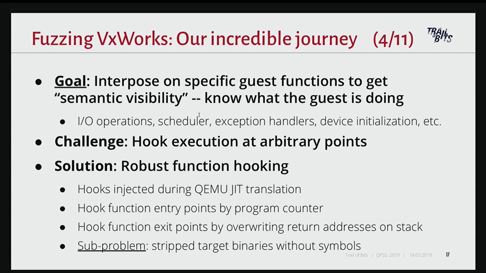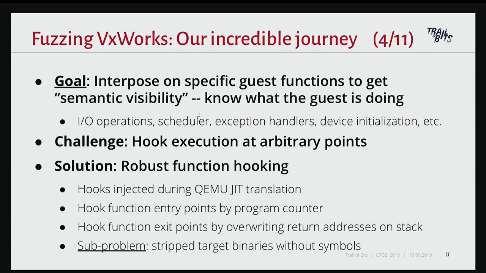Whereas in VxWorks, we have no concept of what specific function or code is involved in reading the input. So we needed that same analogous concept of the read system call. We needed that semantic visibility to know that a certain event is happening in the guest, in the target, so that we can interpose on this event.